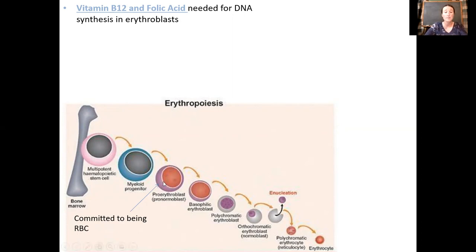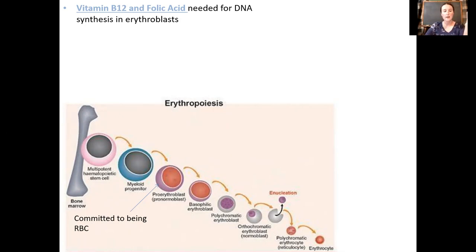So these proerythroblasts are really the first cells that are absolutely going to grow up to become red blood cells when they get bigger, or smaller in this case. And so these are absolutely committed to being a red blood cell. Again, this is in response to EPO released by the kidneys, and this differentiation process is tied to turning on of some genes and turning off of some other genes.